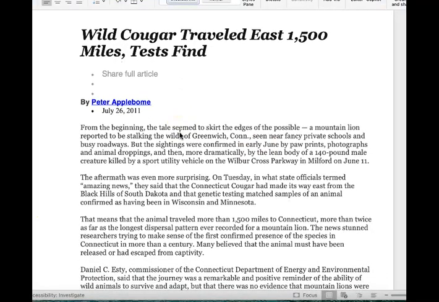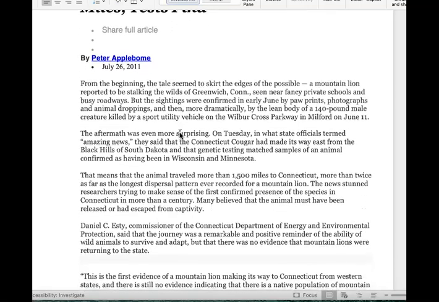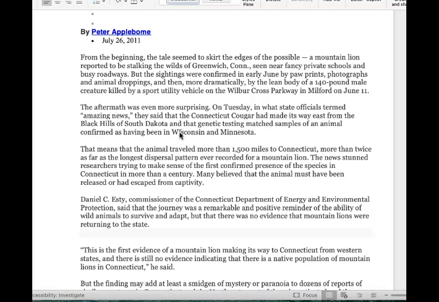Okay, so to finish up, I am going to read to you the full article that appeared in the New York Times regarding this incident, which it was a true incident. So from the beginning, the tale seemed to skirt the edges of the possible. A mountain lion reported to be stalking the wilds of Greenwich, Connecticut, seen near fancy private schools and busy roadways.